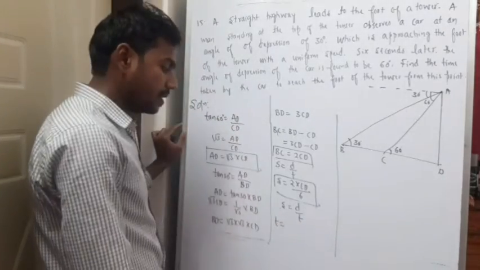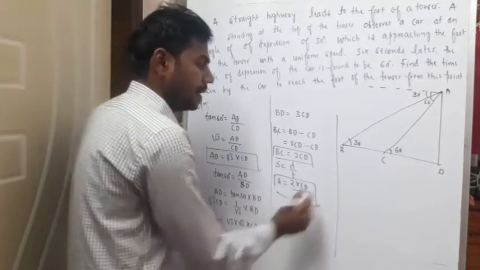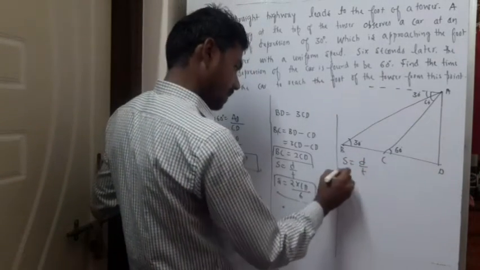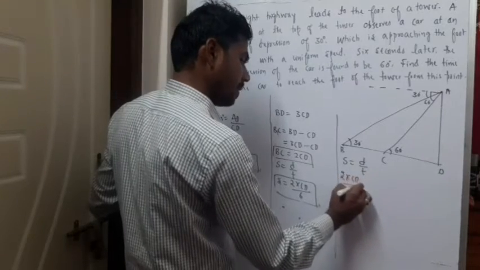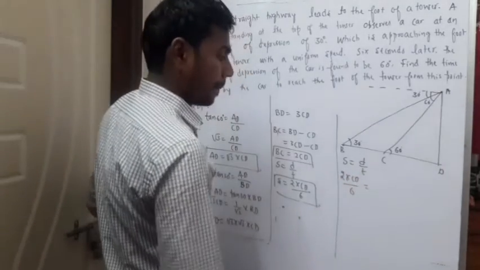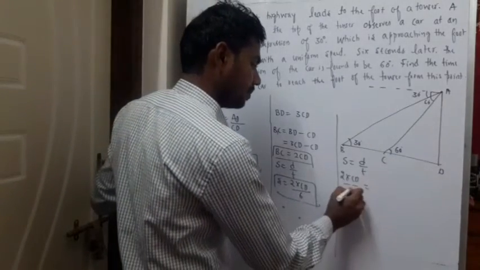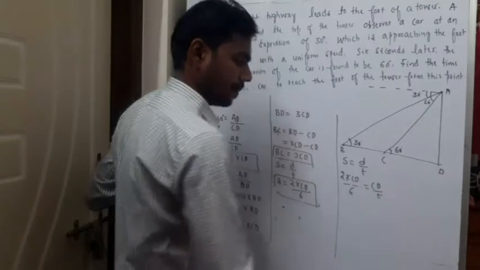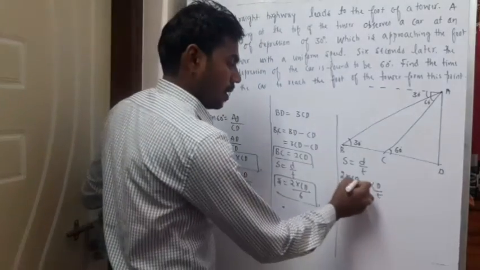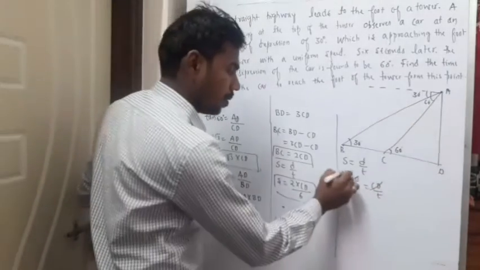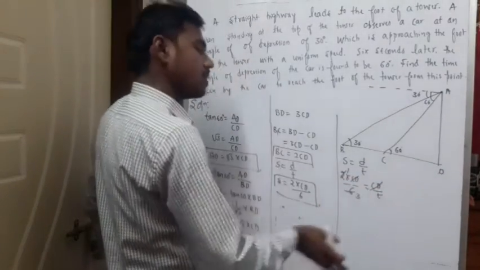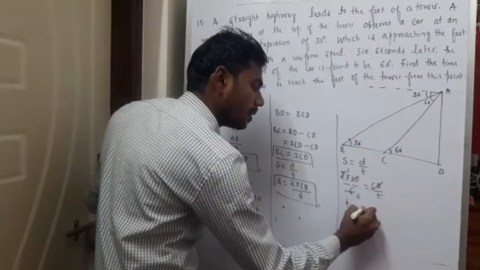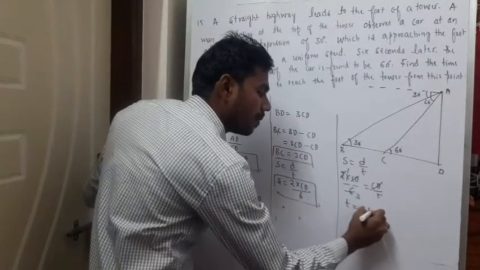So the speed we know, that is 2 into CD divided by 6, and this equals CD divided by T. Fine. CD will get cancelled. Cross multiplication: T into 1 is T, 3 into 1 is 3. So the time is in seconds.